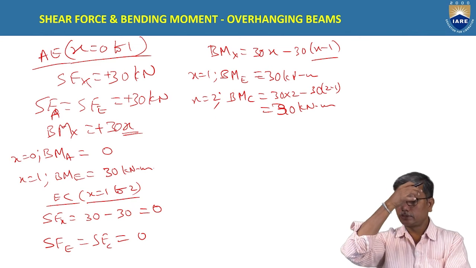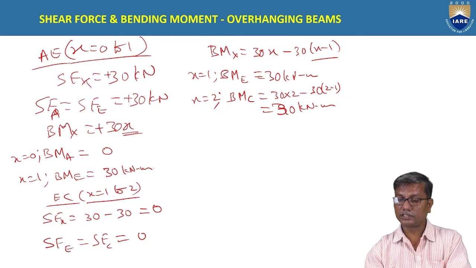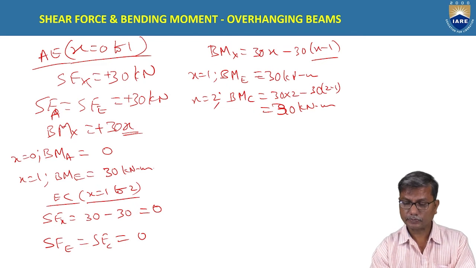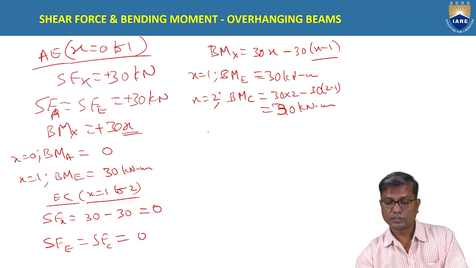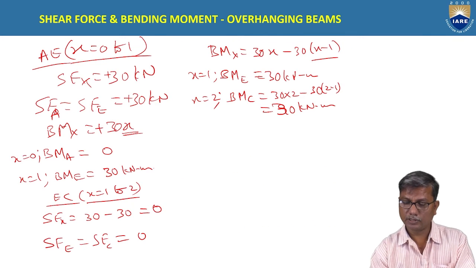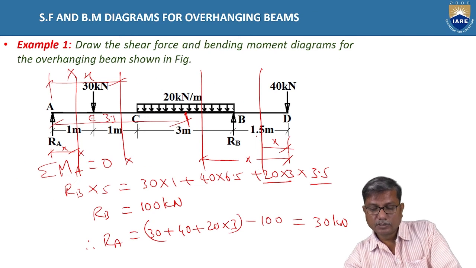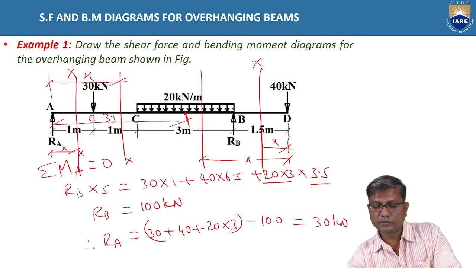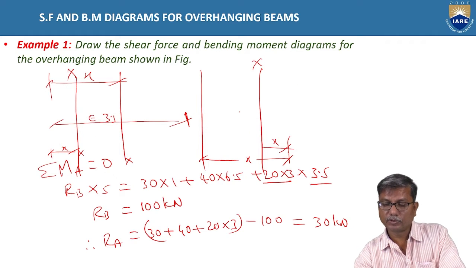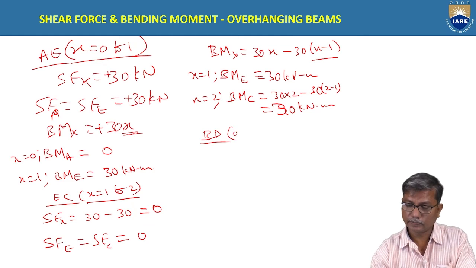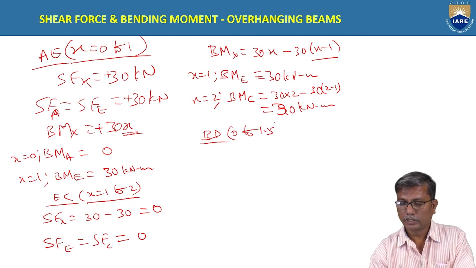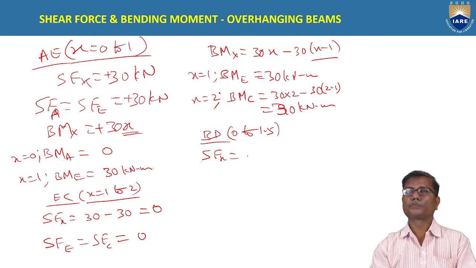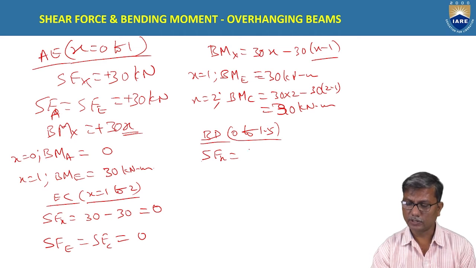So bending moment also remains constant between E and C for this case. Okay, coming to the portion BD, x varies from 0 to 1.5 for this section, and shear force at x is equal to 40 kilonewton.